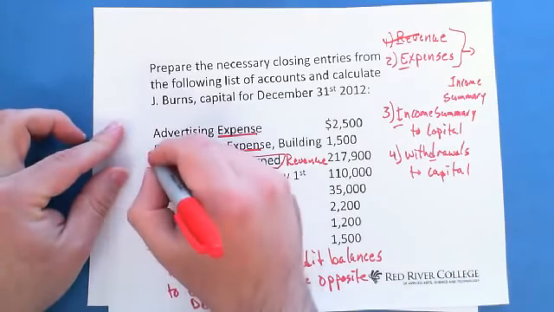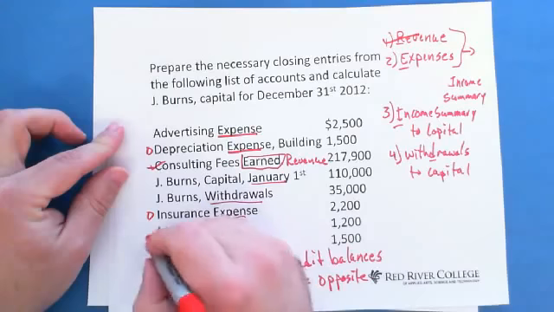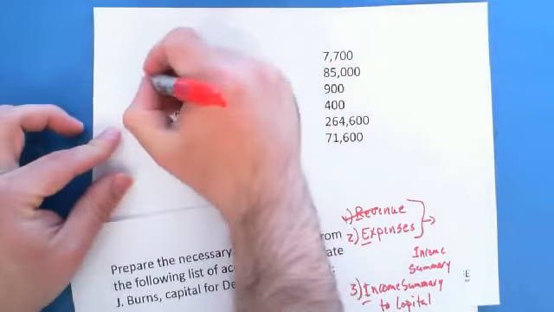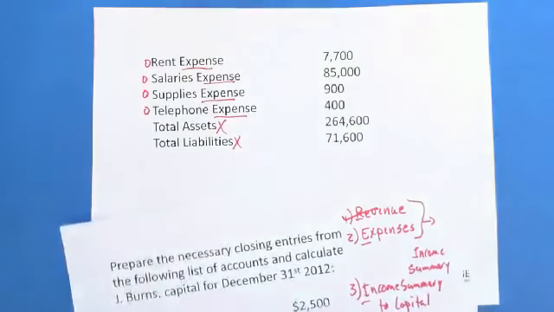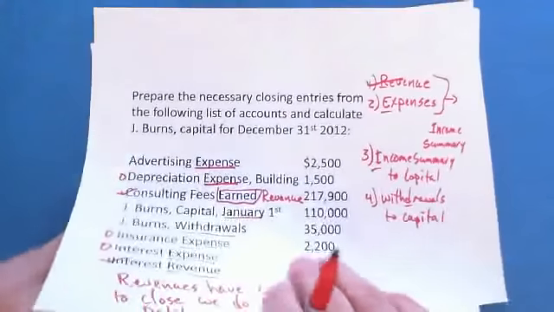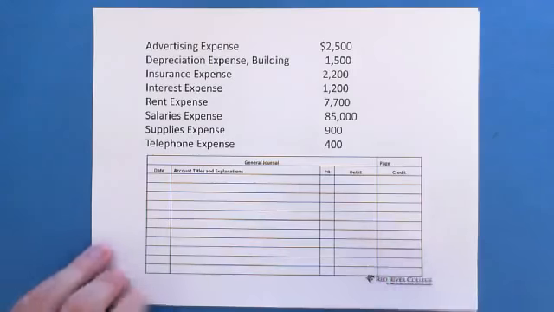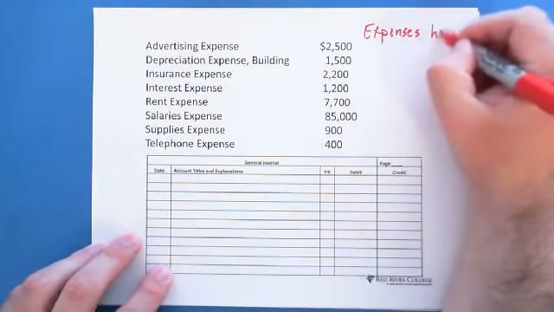So we've got depreciation expense, insurance expense, interest expense, rent expense, salaries expense, supplies expense, telephone expense. So these are all our expenses. So there we go, I've just quickly listed them for us. So now, expenses have debit balances.